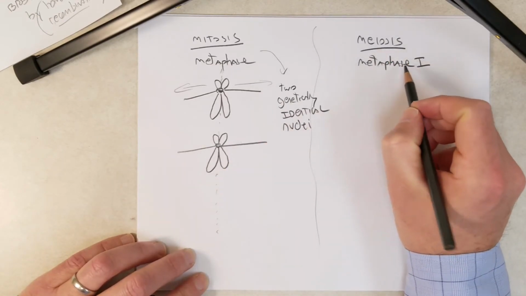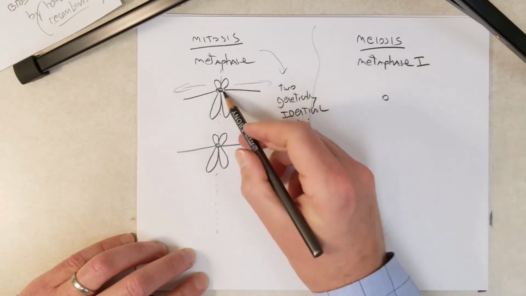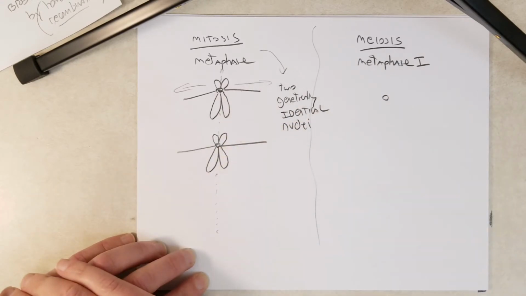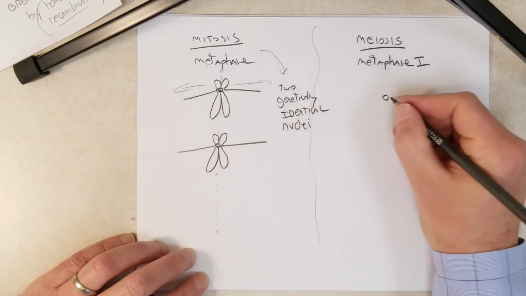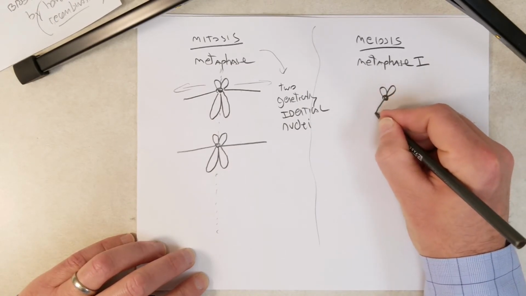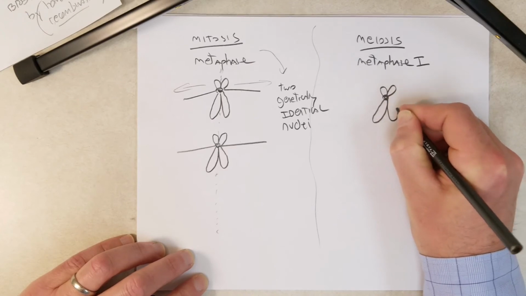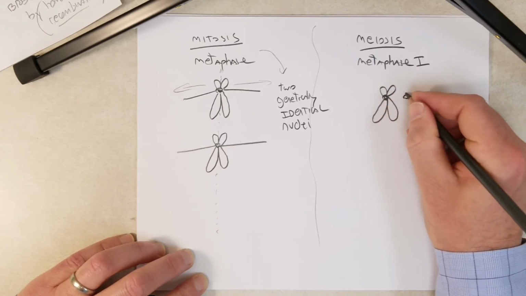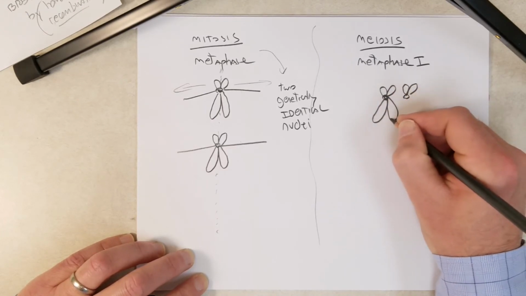Now, during metaphase 1 in meiosis, that same pair of homologous chromosomes would line up side by side. So somehow those chromosomes have to find each other, and then they'll line up side by side on the metaphase plate.